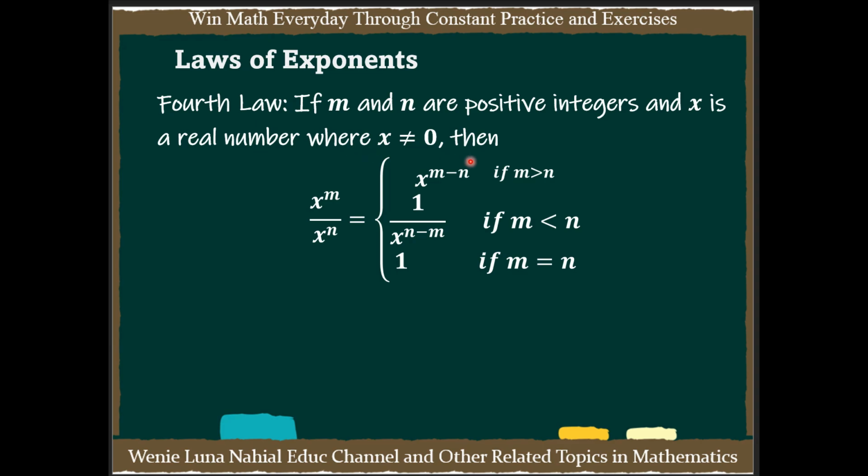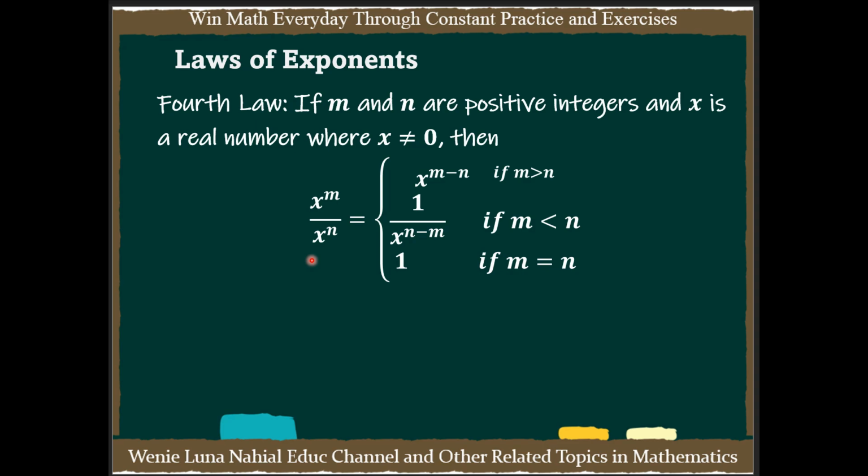We have here the quotient of x raised to m divided by x raised to n. This is the reason that x cannot be equal to 0, because when x is equal to 0, this expression will become undefined.